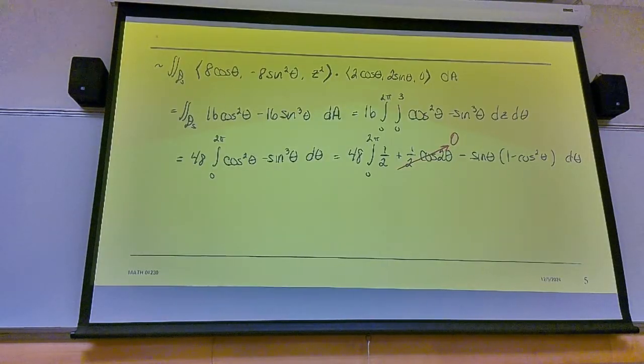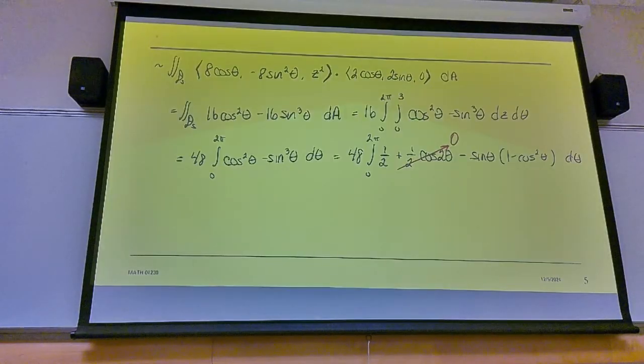That sine theta is going to integrate out to 0. What about sine times cosine squared? That would be a u sub, wouldn't it?